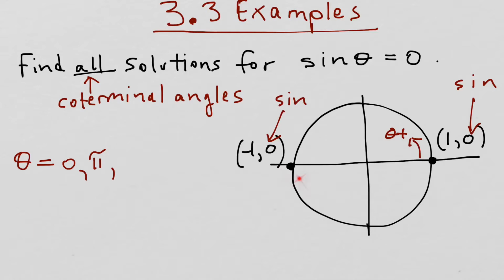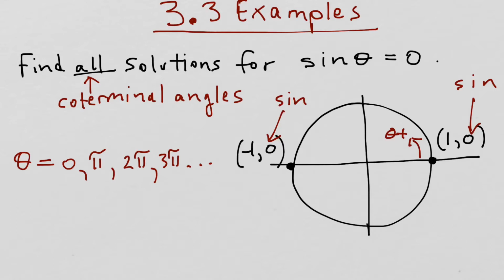Then if we keep going around, we'll hit 2 pi, and if we go around another time, we'll hit 3 pi. You can see a pattern developing here. We're going to keep on going to infinity in that direction.